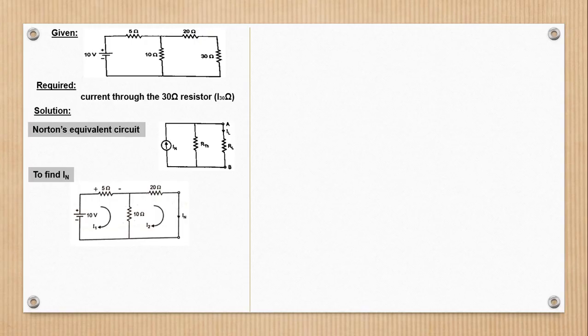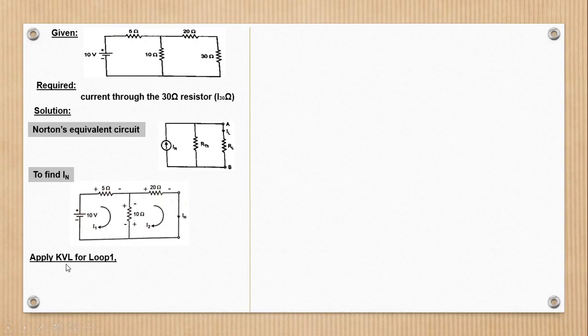Entering end means the entering end of loop current I1, and leaving end means the leaving end of loop current I1. The same step is followed for the remaining resistors connected in the circuit diagram: 10 ohm, then 20 ohm, once again 10 ohm. The 10 ohm resistor is connected between loop 1 and 2.